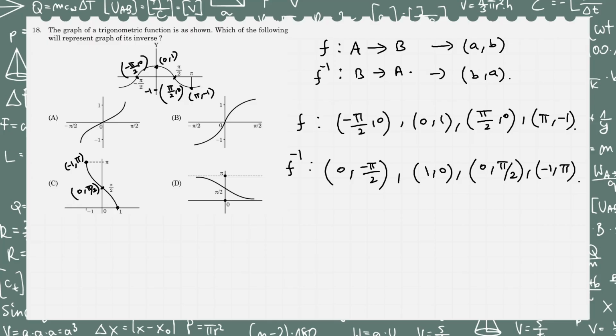This is lying on the x-axis, so this can be 1 comma 0. Now look at our f inverse's coordinates: minus 1 comma pi, 0 comma pi by 2, 1 comma 0. So these are the points we have for the graph of C. So graph C is the graph of the inverse of the given trigonometric function. So option C is the correct answer. Let's go to the next sum.